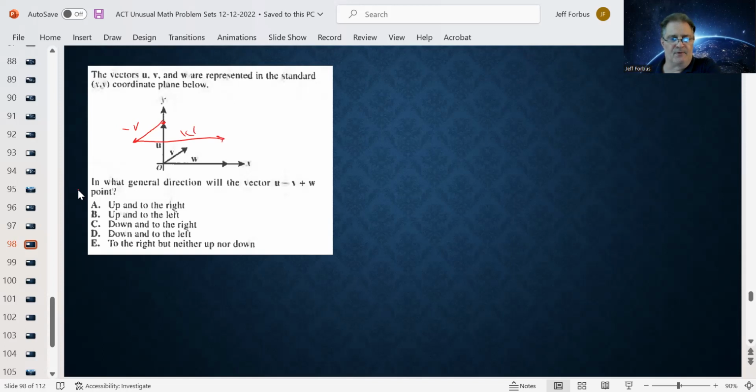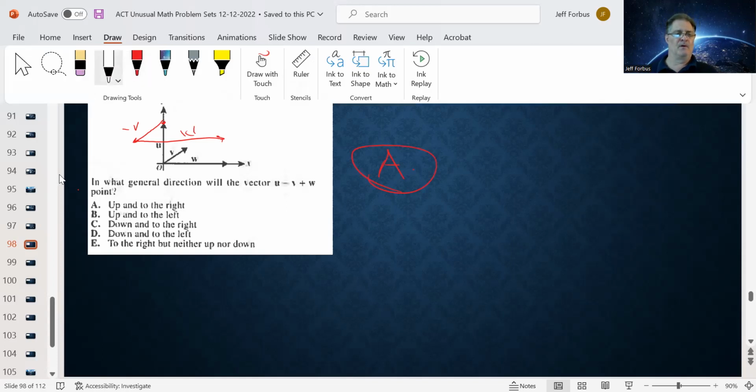Now look at your answer choices. u goes up, v comes down, and w to the right. So up and to the right. Answer choice A. Okay, let me change my pen tip back. Next question.